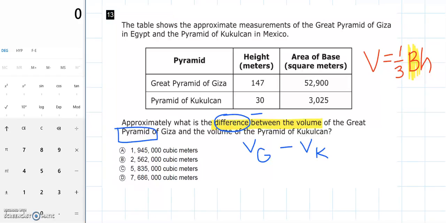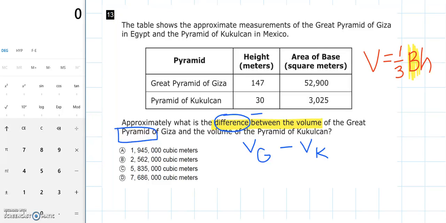It's the area of your base. So if it's a square pyramid, it's the area of the square platform. If it's an octagonal pyramid, it's the area of the octagon. So we need to take the area of your base, the big B, times the height of your pyramid, and then divide it by 3, or multiply by 1/3.